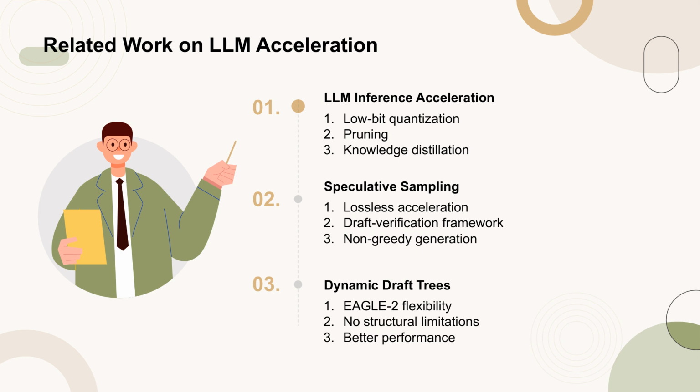Early methods focused on greedy settings, but recent advancements have extended this framework to non-greedy generation. Dynamic draft trees, such as EAGLE-2, represent a significant advancement by allowing flexible adjustments to the draft tree structure, resulting in improved performance without structural limitations.